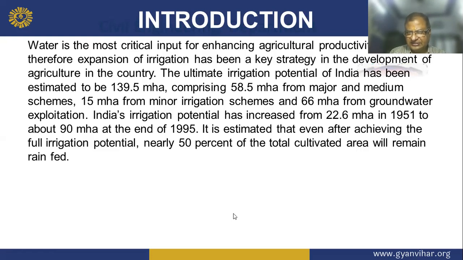It is estimated that even after achieving the full irrigation potential, nearly 50% of the total cultivated area will remain rain-fed.